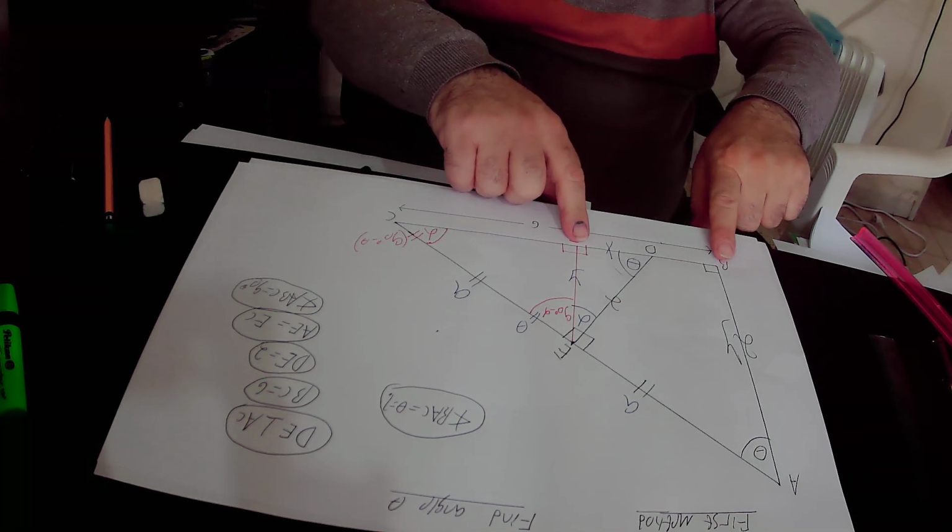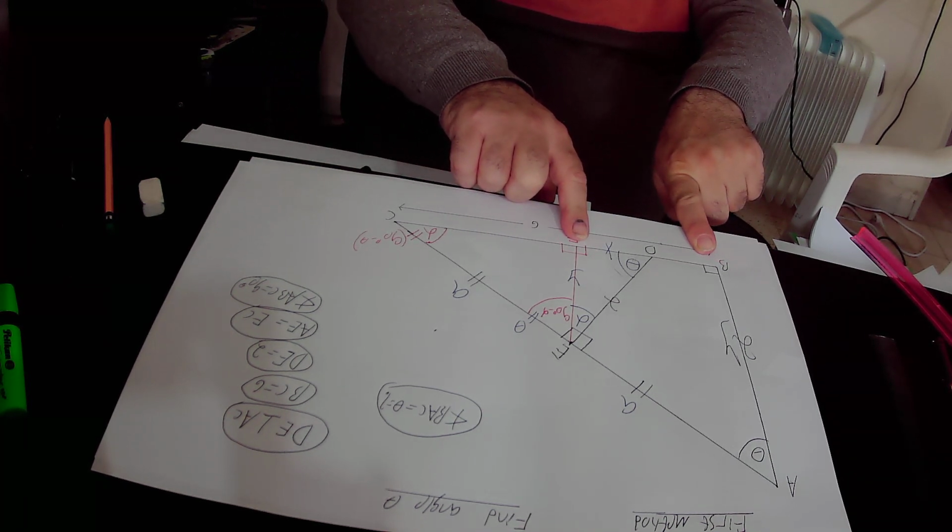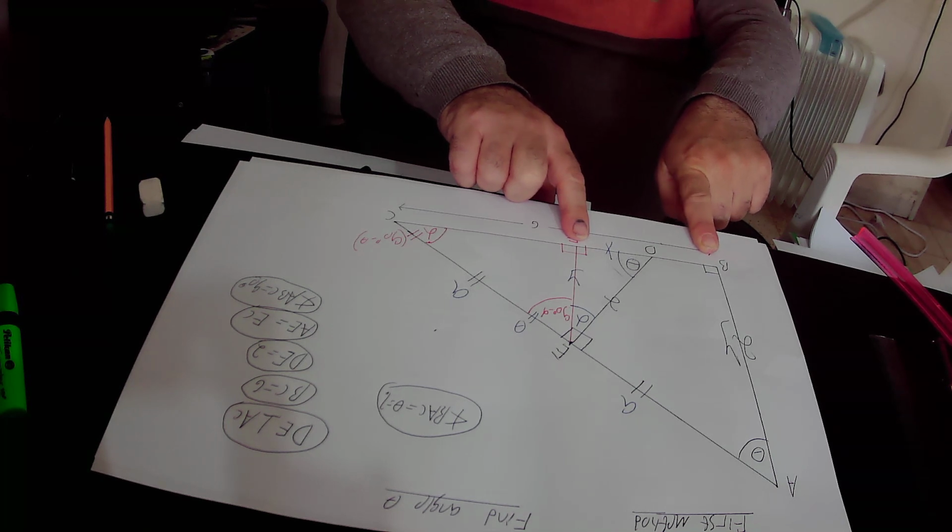First of all, those two angles are both equal to 90 degrees, therefore they are equal to each other.